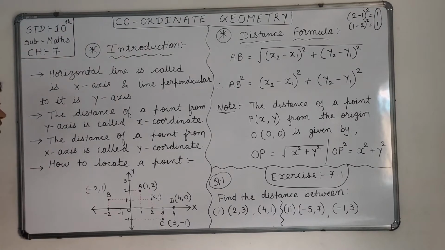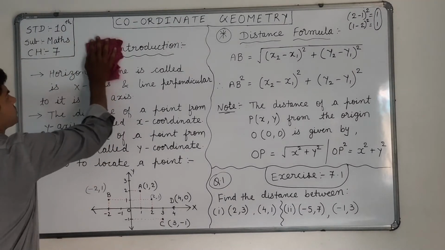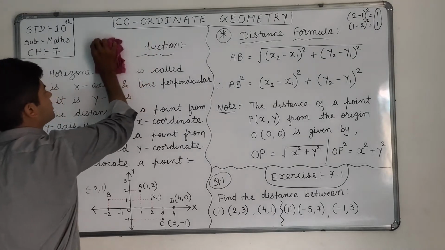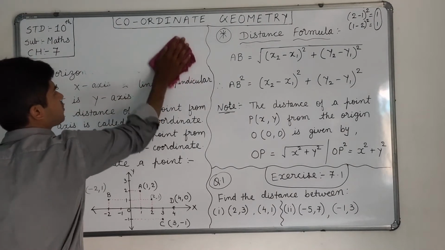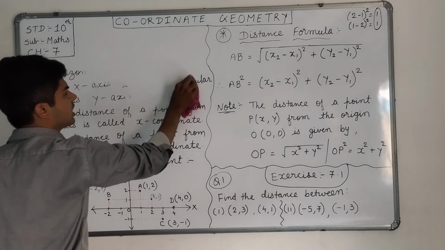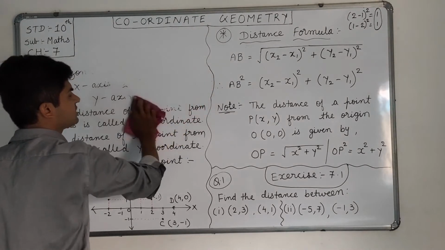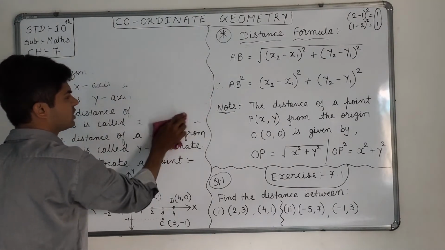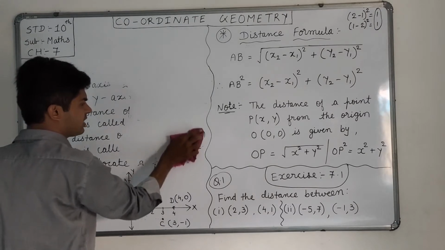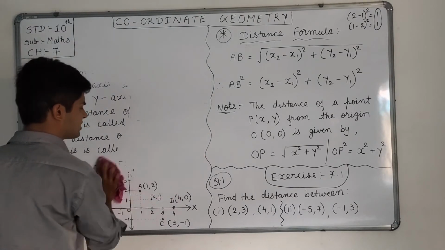Okay, written down. So let us start with our exercise 7.1, question number 1. Again I am telling it is very easy. I think 3 or 4 formulas are there in this chapter. That's it.